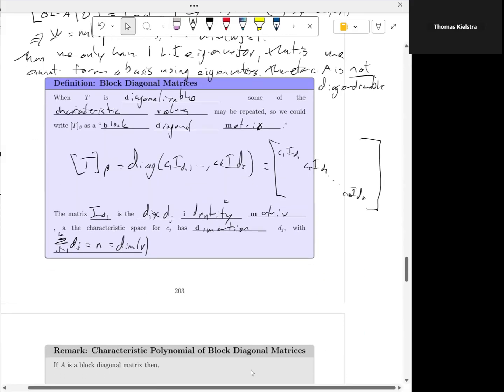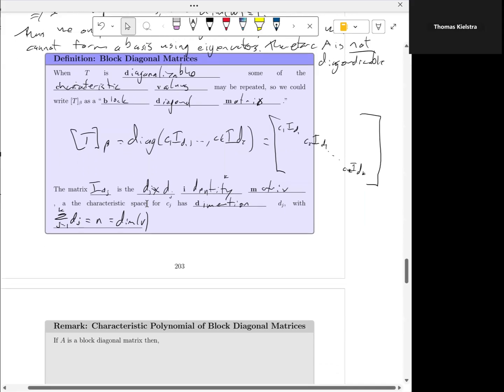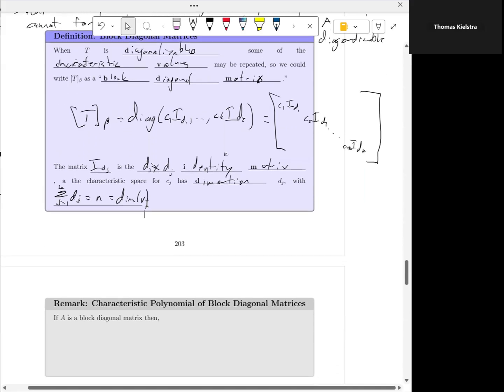Well, turns out that because we can do this block diagonalization, if we're diagonalizable, we can generalize our definition from here. Okay? But let's explore how, and let's work our way up to that.